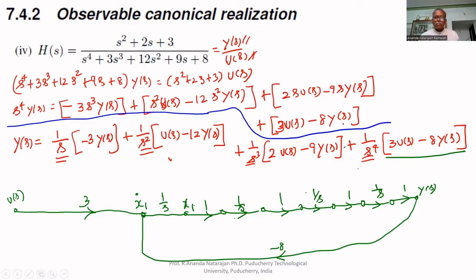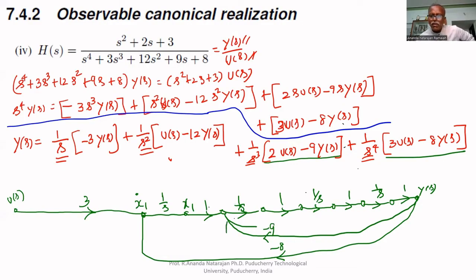Now, second term, if you consider 9 y of s, you have to take 9 y of s. It should be given here, minus 9 y of s.